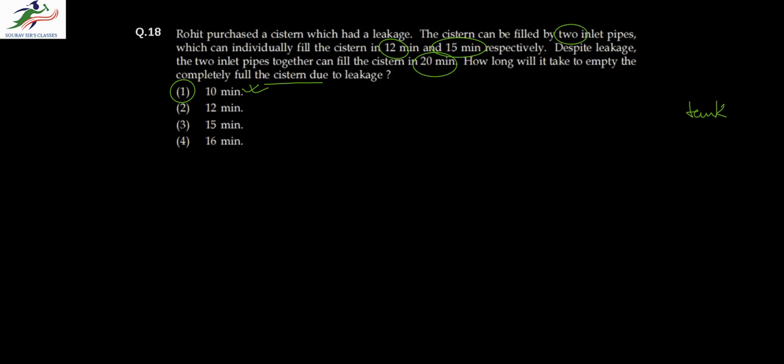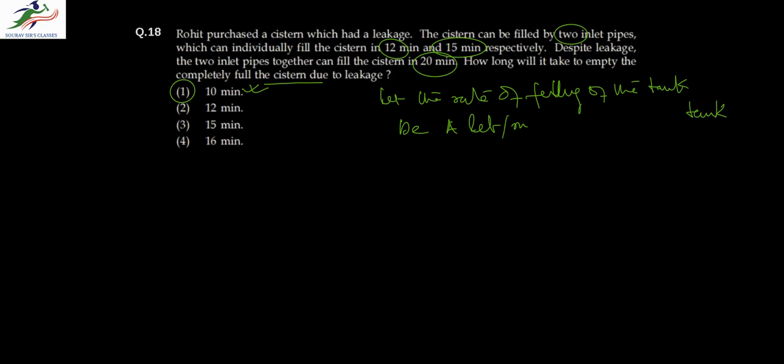Now if you want to do this in a more traditional way, let the rate of filling of the tank be A liters per minute for A and B liters per minute for B. Therefore in 1 minute A will fill A liters and B will fill B liters.